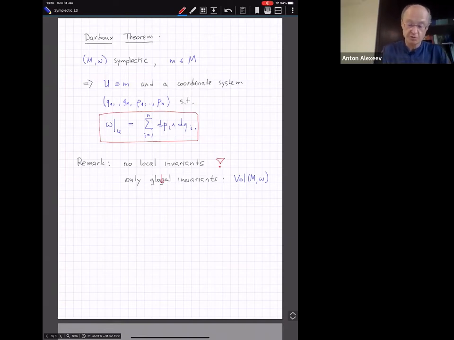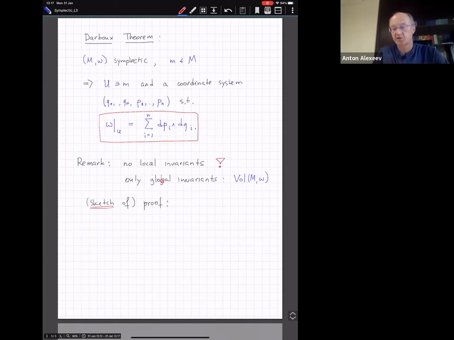What I want to do, maybe some of you have already seen the proof of Darboux theorem, is talk to you about a sketch of the proof. What does sketch mean? It means I don't want to make some analytical details very precise.